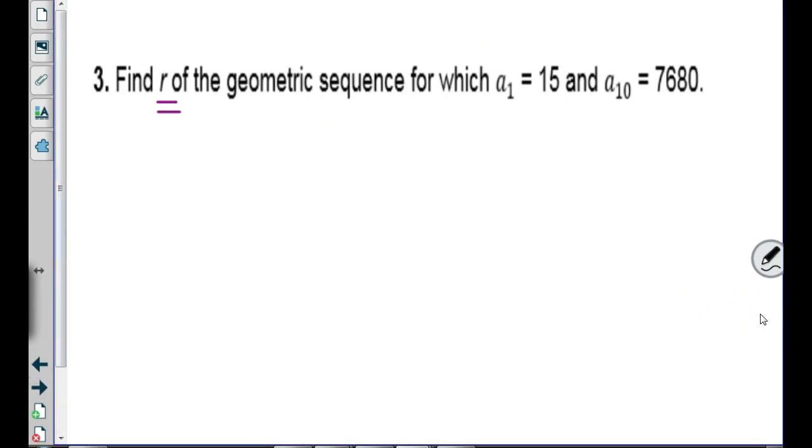Find r. Okay. Want to try this one on your own for a minute? Or are you going to get lost?